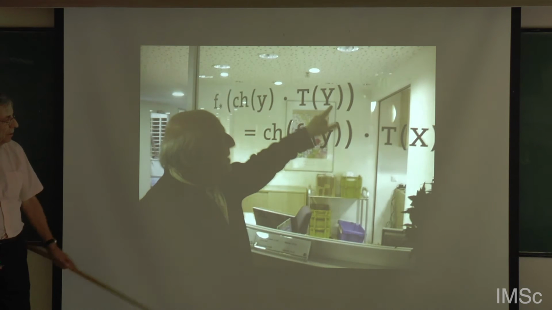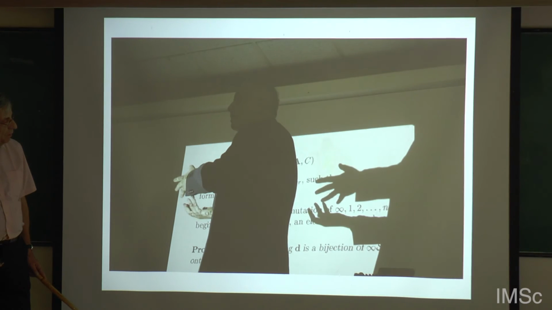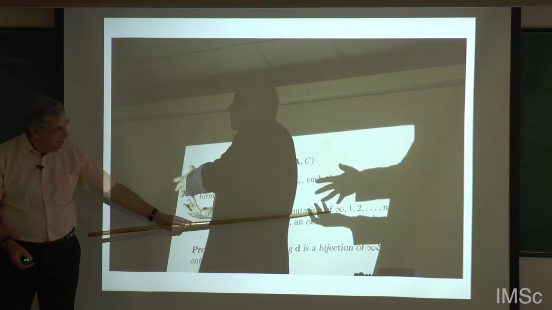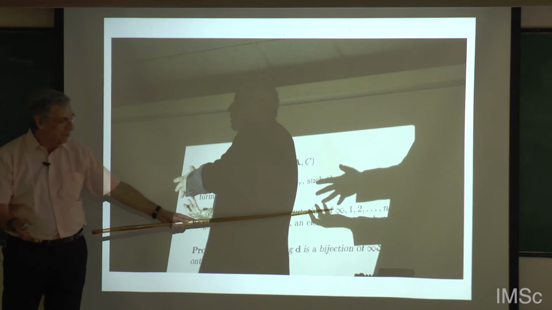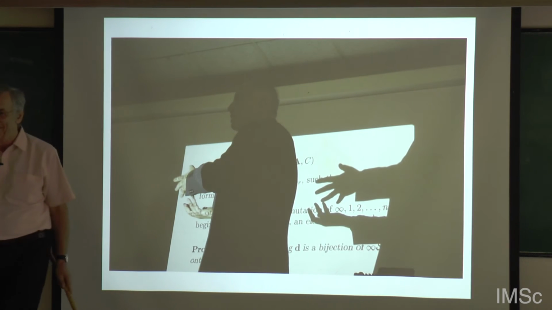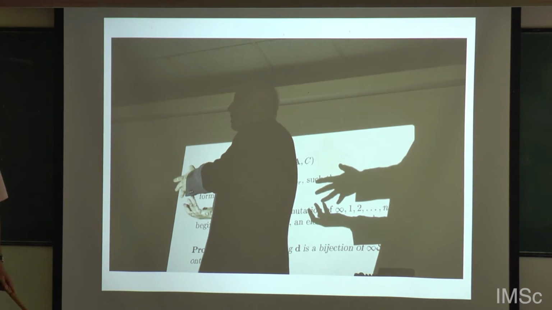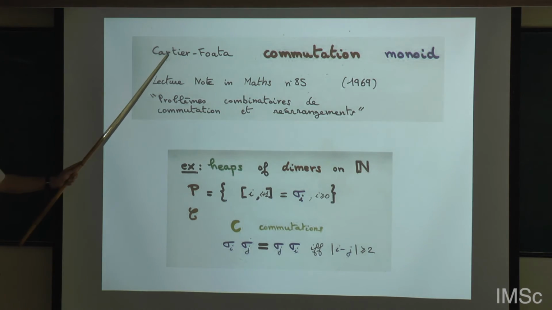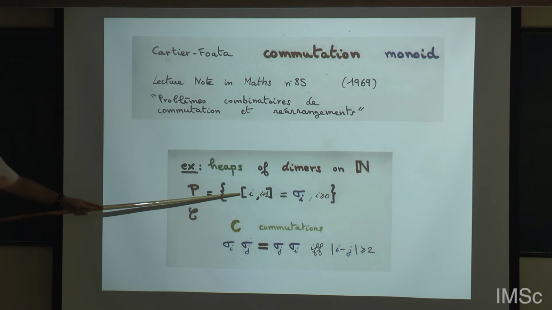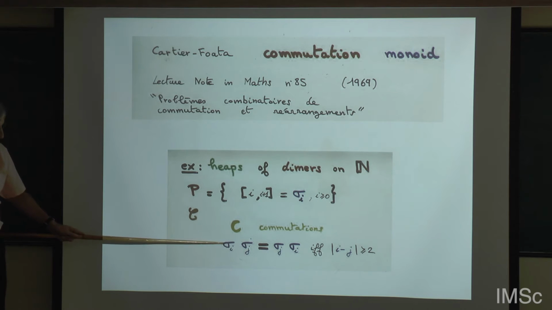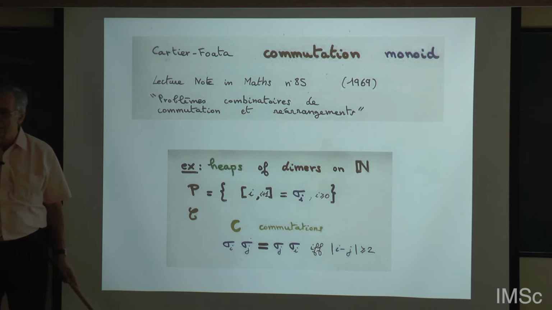Here's the Cartier-Foata, a lecture note, and you see the dimers are the pieces which fall down, and the commutation is that two dimers are going to commute if and only if the difference is bigger or equal to 2.